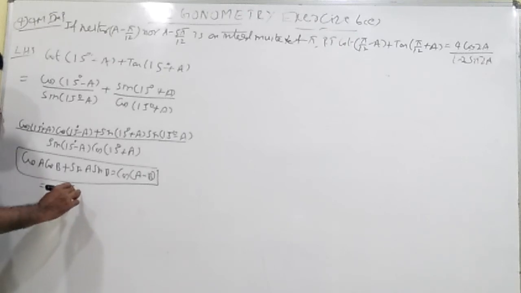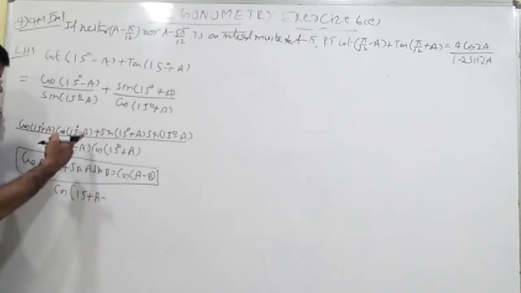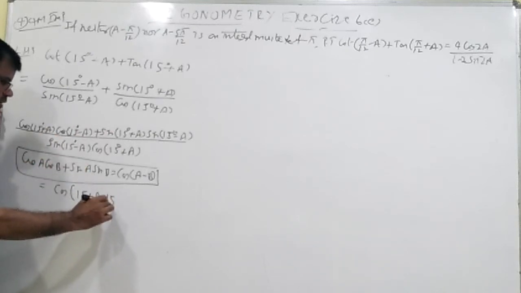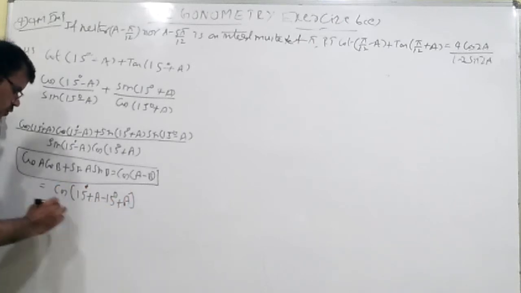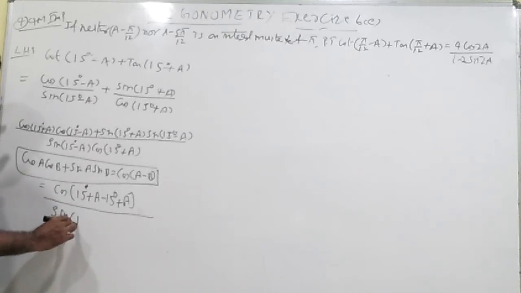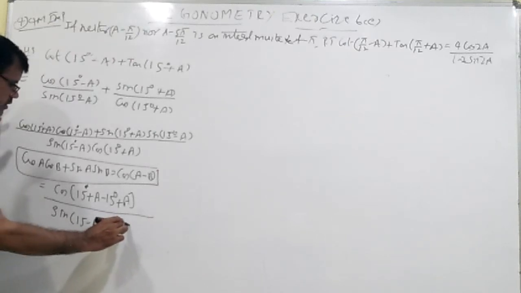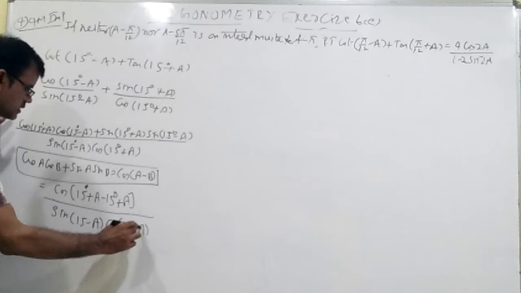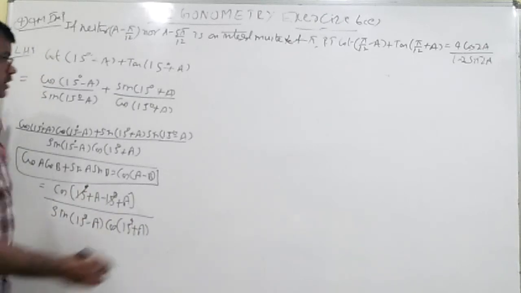Cos of A minus B meaning 15 plus a minus of (15 minus a) becomes minus 15, minus of minus a becomes plus a, whole by, in the next step I will write sin (15 minus a) into cos (15 plus a). In the numerator, let 15 degrees cancel.